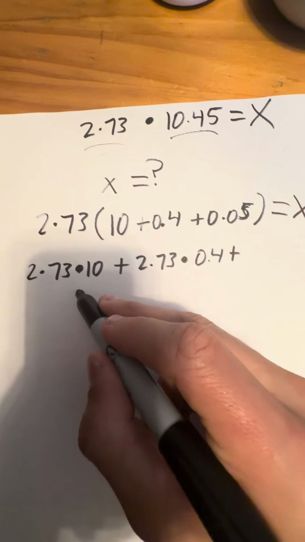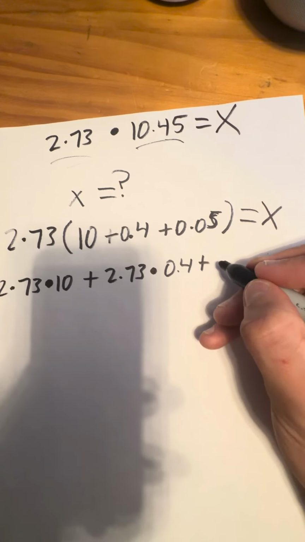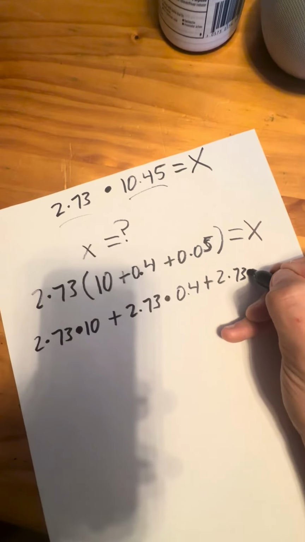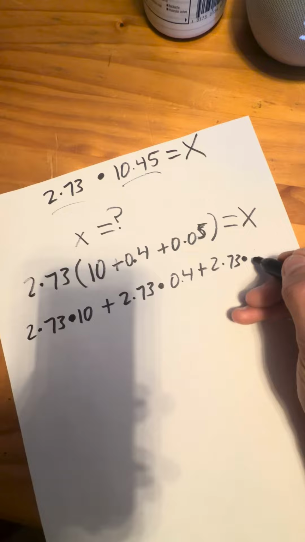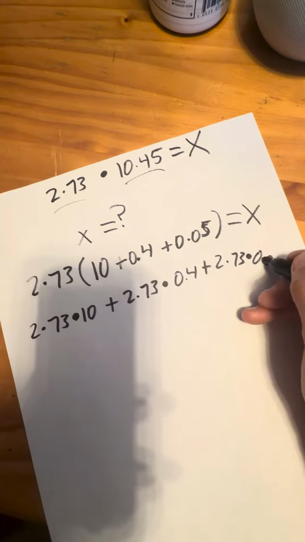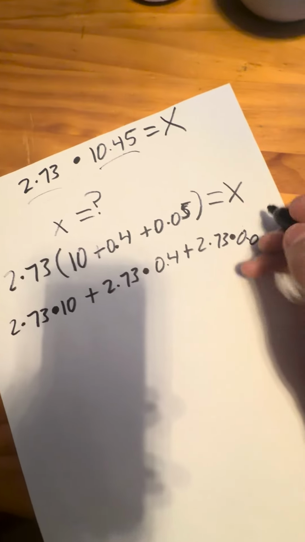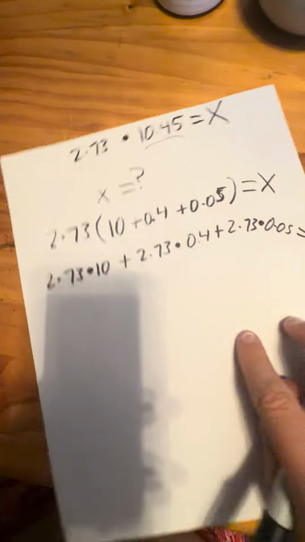So we got 2.73 times 10 plus 2.73 times 0.4 plus 2.73 times 0.05.